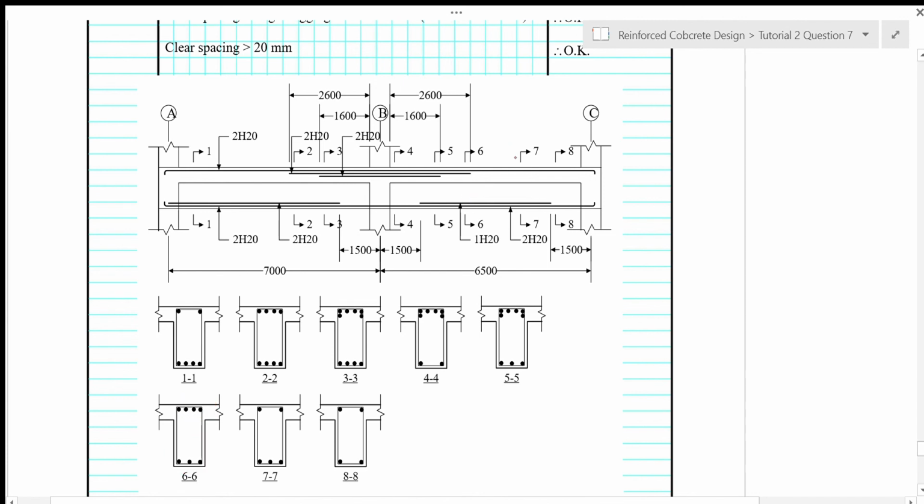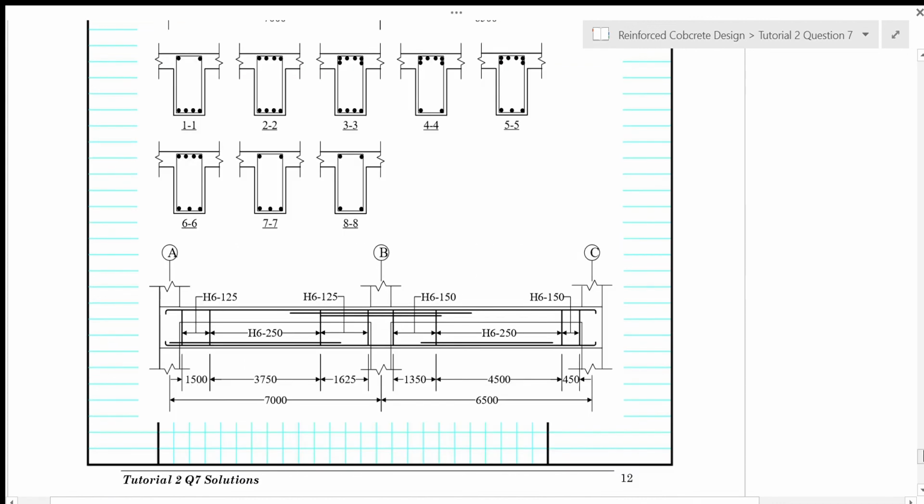And then at section 77 this bar has been cut off here. So the top has only 2 bars and then the bottom has 3 bars. And then at section 88 we have only 2 bars on top and this steel has been cut off. So we have only 2 bars at the bottom.